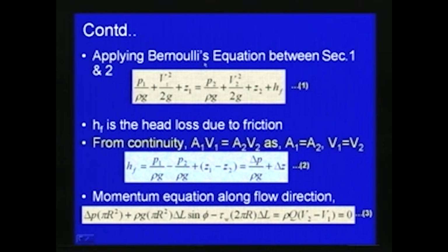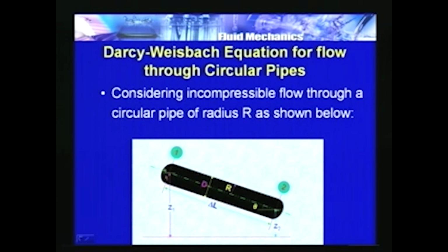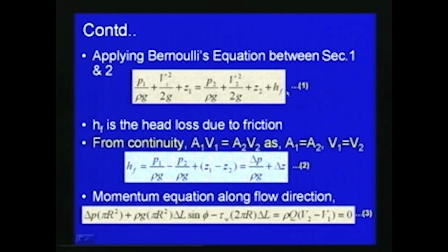First we will apply Bernoulli's equation between section 1 and 2. At section 1 the pressure is P1, at section 2 the pressure is P2, the velocity at section 1 is V1 and at section 2 is V2. Due to the viscous effects and shear stress effects, there is a friction loss, which we represent as HF.